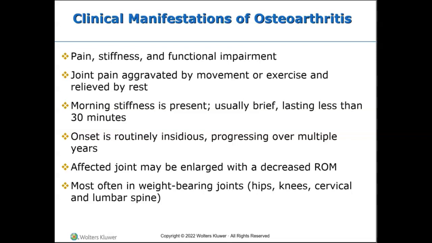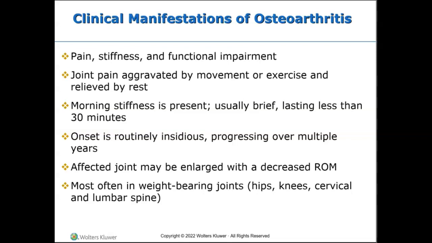Again, clinical manifestations: pain, stiffness, functional impairment, joint pain aggravated by continual movements or exercises that are relieved by rest. Morning stiffness is present, so they wake up with their joints already hurting and stiff. Usually brief, lasting less than 30 minutes, right? So as we start to use them, it's a brief period.